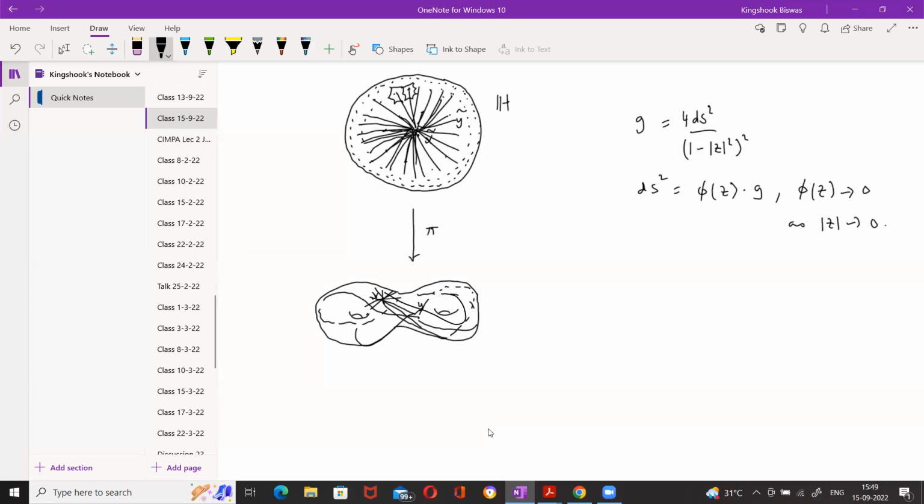They'll go around many times like this, and then go around and maybe then come to Y. They have to self-intersect.